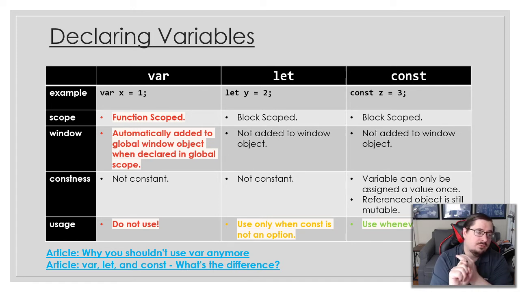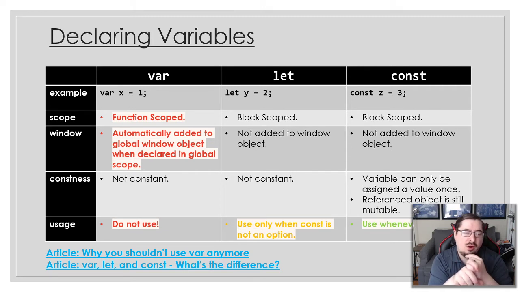Another thing with var is anytime you declare a variable with var, specifically in the global scope, it's going to get added to the global window object. Remember, the window object has a lot of useful things on it and is available anywhere in our code. If I say var x is 1, there's now a property x on that global window object.